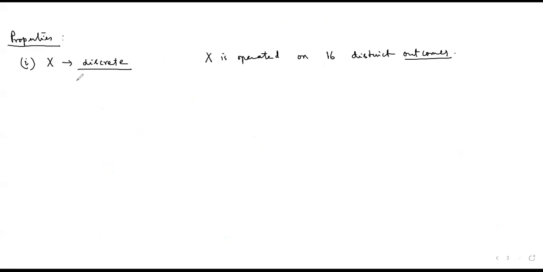So what is discrete? We can say that X is a discrete random variable. From this perspective, X is a discrete random variable. So what is a discrete random variable?